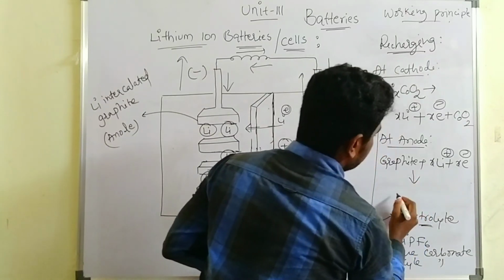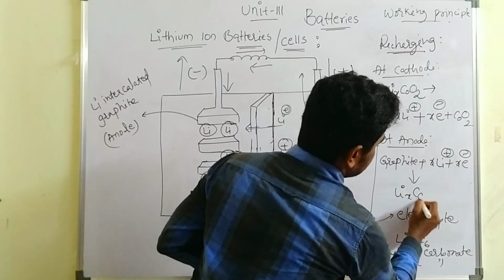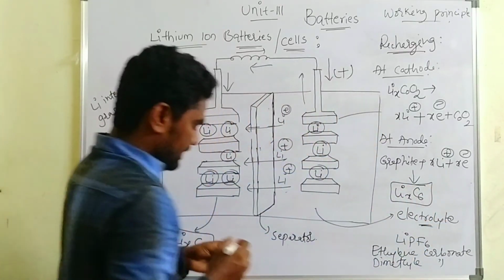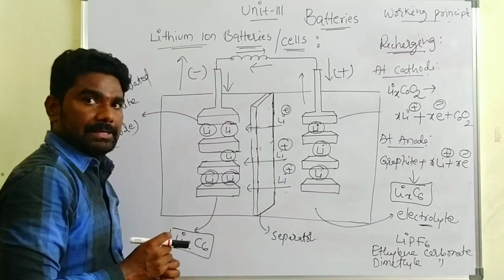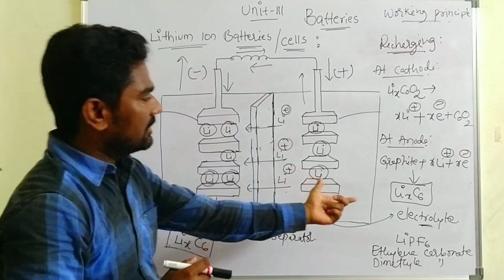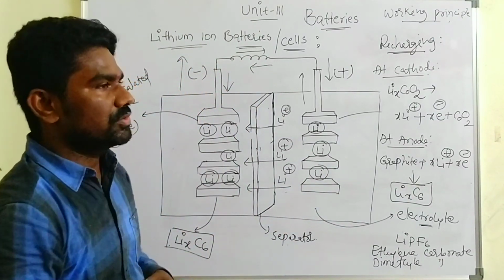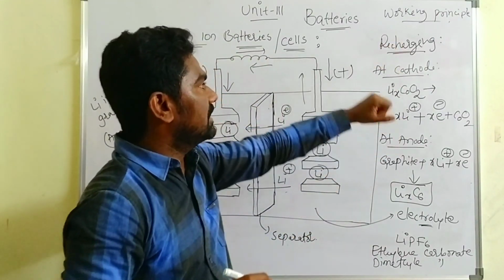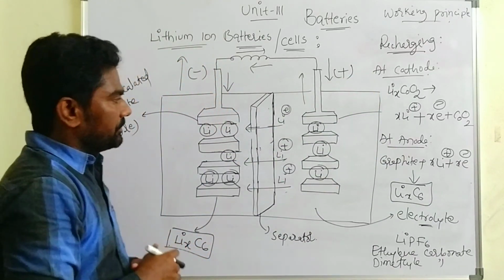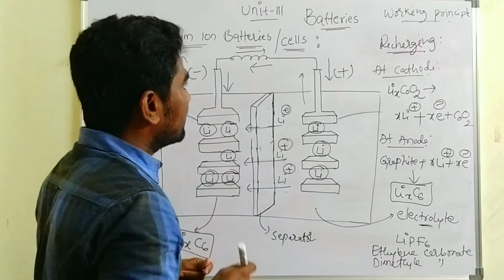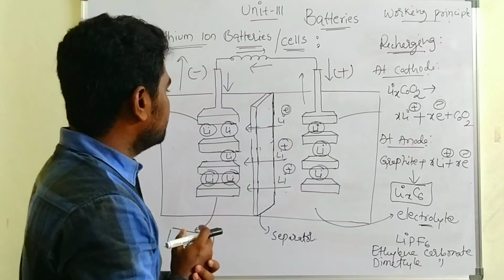Then we will finally get LiXC6. Lithium intercalated graphite will be regenerated here in the recharging mode. These are the related reactions at the cathode and anode, the reactions that occur in the discharge mode as well as the recharging mode.